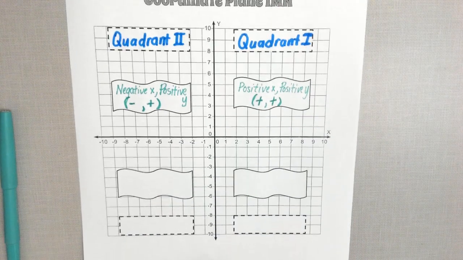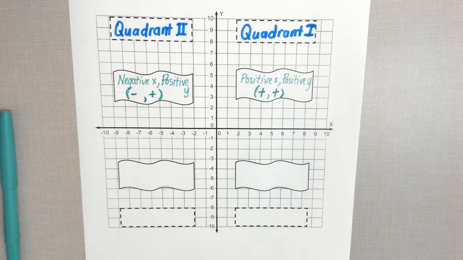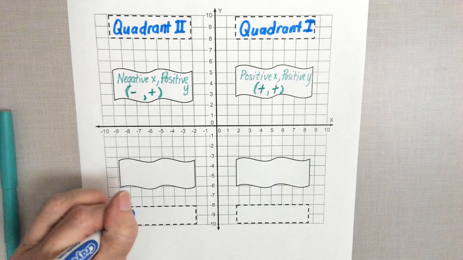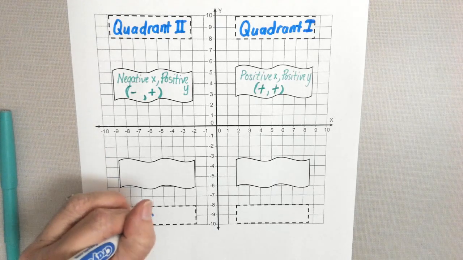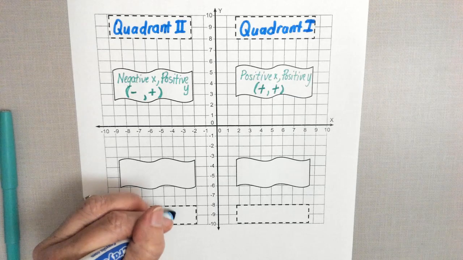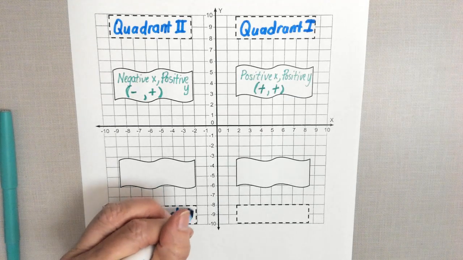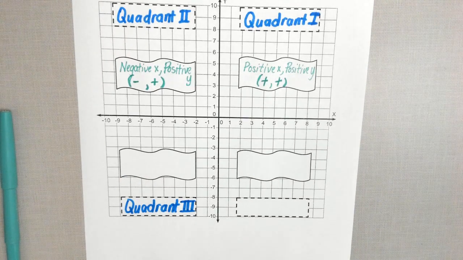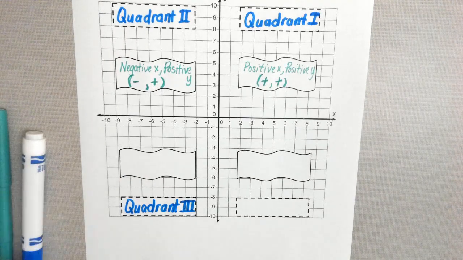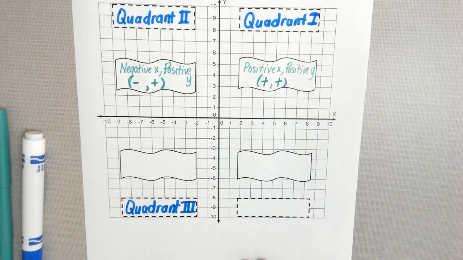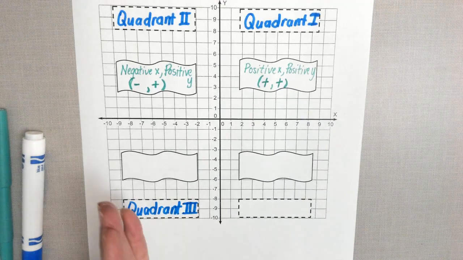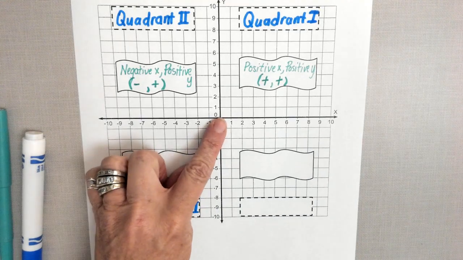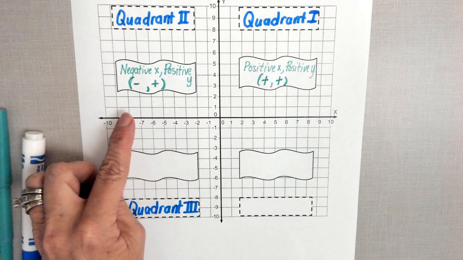All right, so we're still going in that counterclockwise direction. And we're going to call this quadrant 3. So for quadrant 3, we always travel the x value first, which starting from the origin is going to be negative.